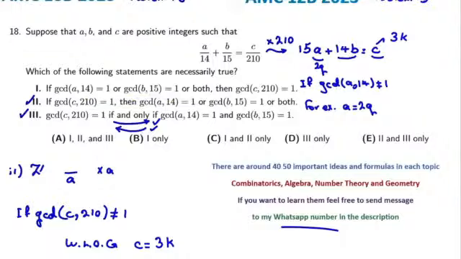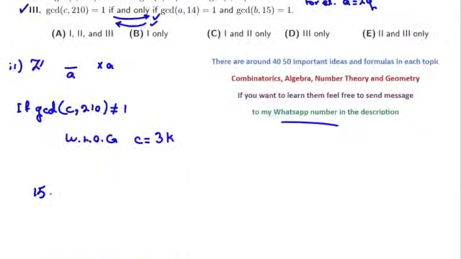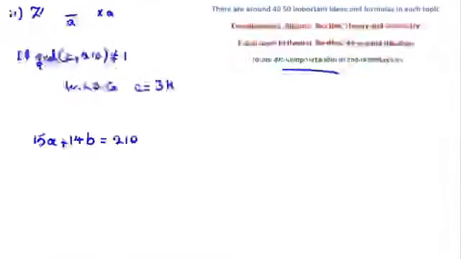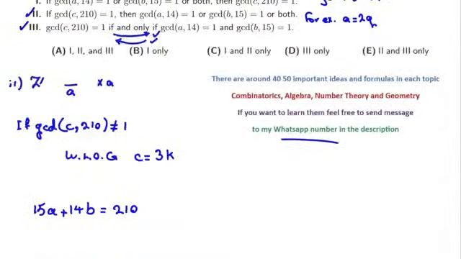When we want to show a statement is wrong, we should find a counterexample. It says GCD of A and 14 is 1, B and 15 is 1, or both, then GCD of C and 210 is 1. I'm sorry, here it's C.